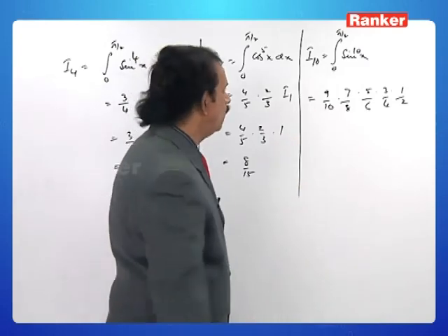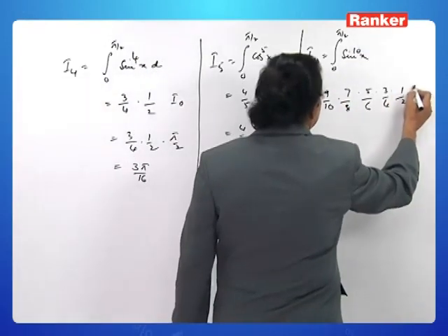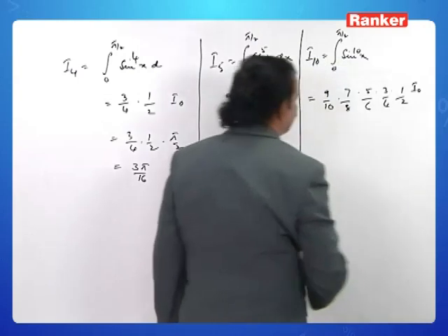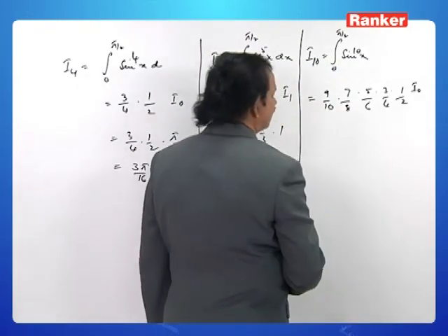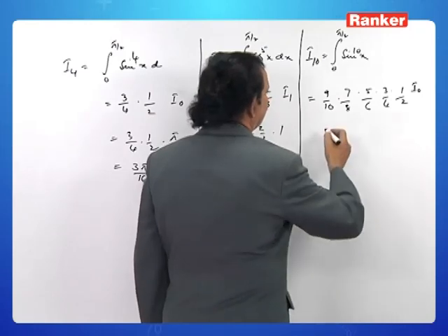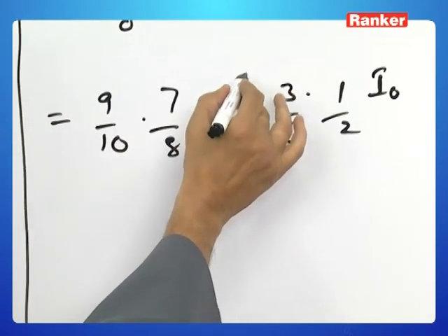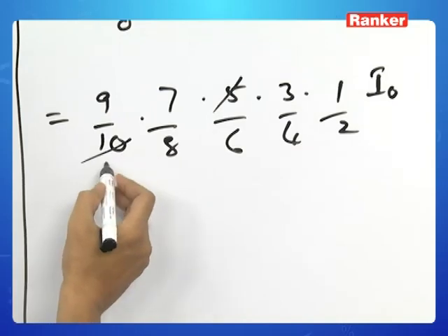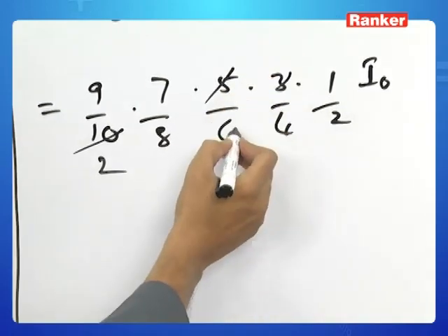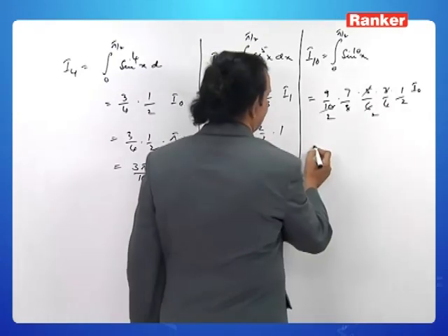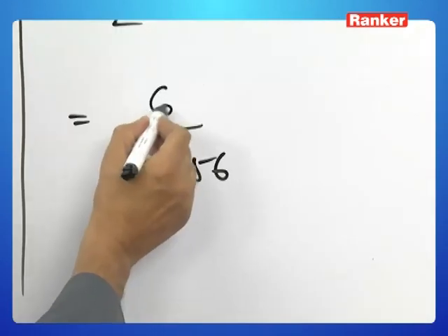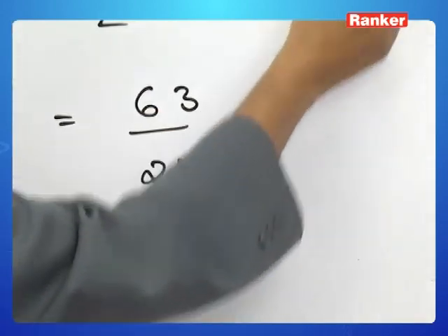You stop there. Well, what is n? Even. Hence you have to take I0. But I0 is of course pi by 2. Meanwhile, you can cancel some things here. Any possibility to cancel? There is only one possibility. 5 goes 2 times. 3 goes 2 times. Any more cancellations? No more cancellations. So this is into I0.